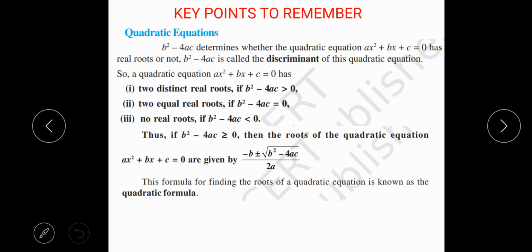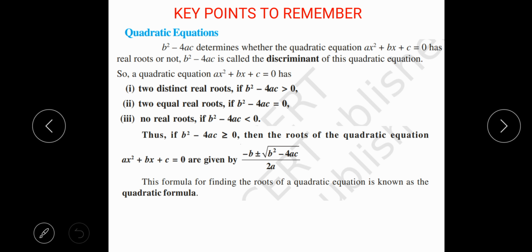Now the next key point about quadratic equations is b square minus 4ac. While solving a quadratic equation, firstly we have to check the nature of the equation. So how do we find the nature of this equation? Here we have one term, b square minus 4ac, which is also called the discriminant of the quadratic equation.